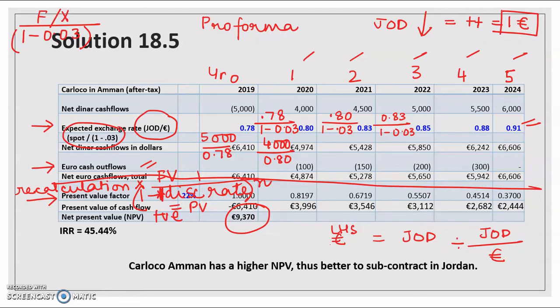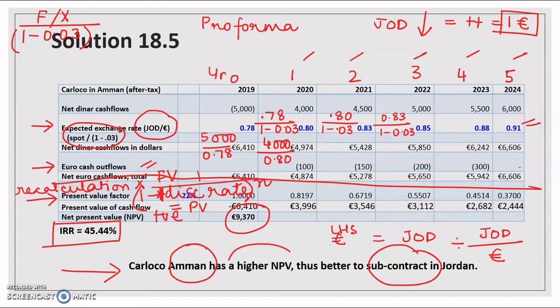Well, of course, even without looking at the IRR, you can make a conclusion that Carloco should pick Jordan as the main location for subcontracting because it has a higher NPV. So not only are both the projects a positive amount, but the Jordanian location gives you a much higher value.